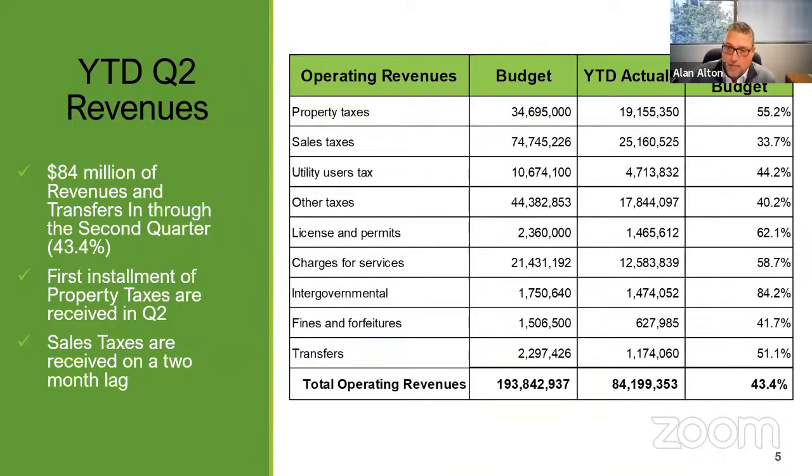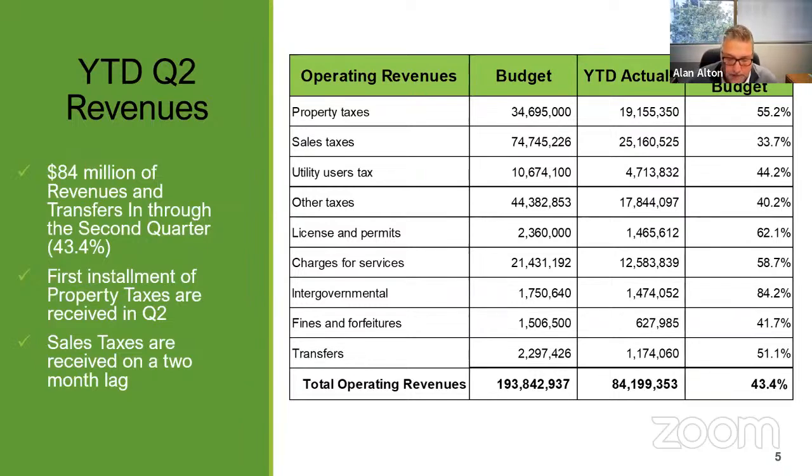So we want to make sure that we're not seeing something that looks like it's an ongoing trend of revenue when it's really just a spike and is about to drop off. So that's something that we look at closely and we work with the planning department to try to nail those revenues down the best that we can.